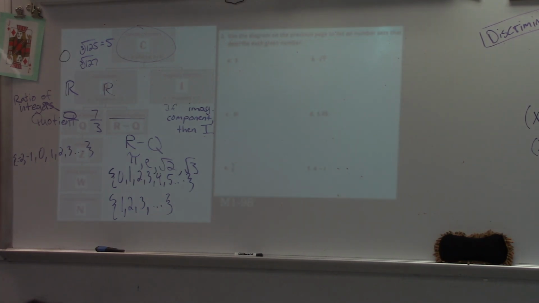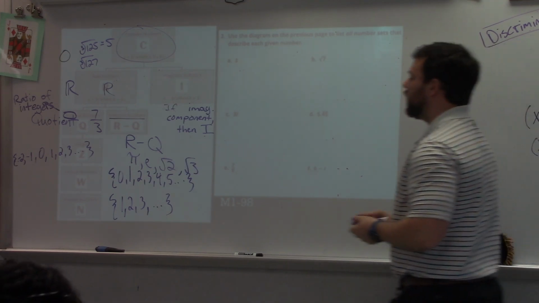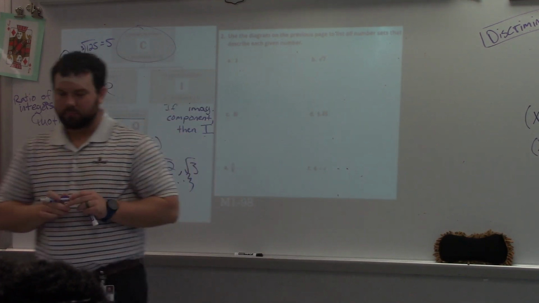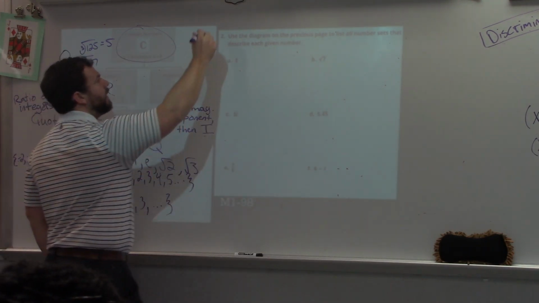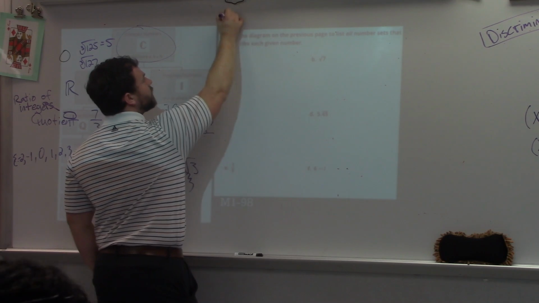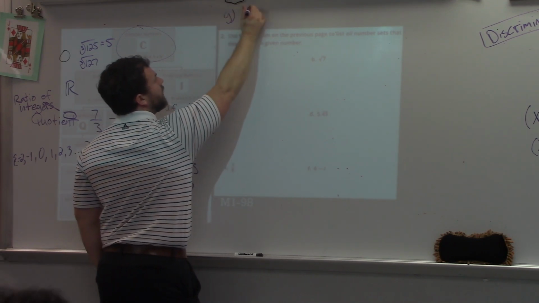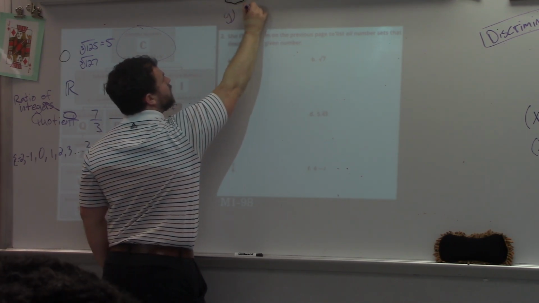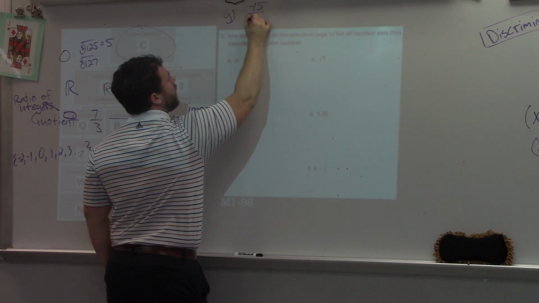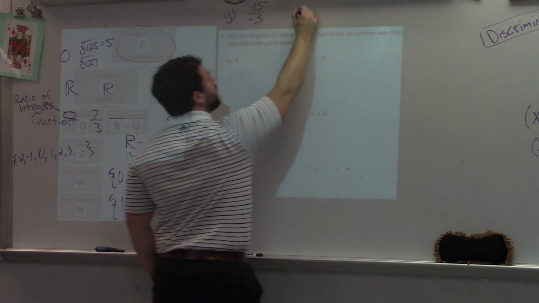All right. So here's what I want us to do, and I'm actually going to make a few more examples to add on to this. I want y'all to classify these numbers with every number set that they belong to. G is going to be negative 15 divided by negative 3.